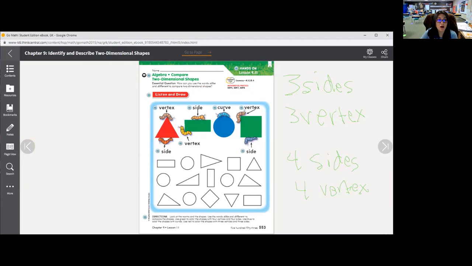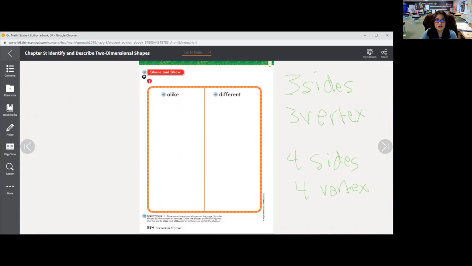So we can draw all the shapes that have 4 sides and 4 vertex on the alike side, because that's what they have the same. And over here, you're going to draw all the different ones, okay?